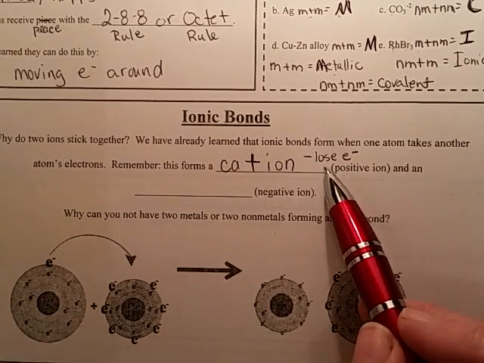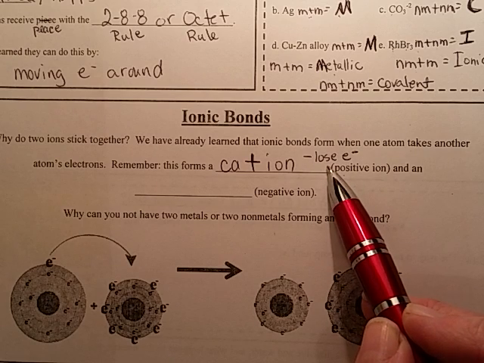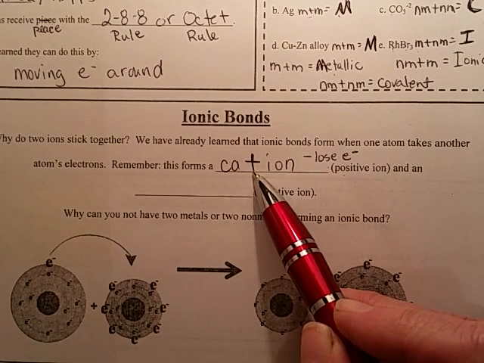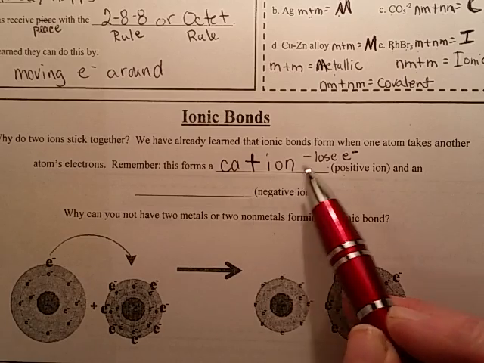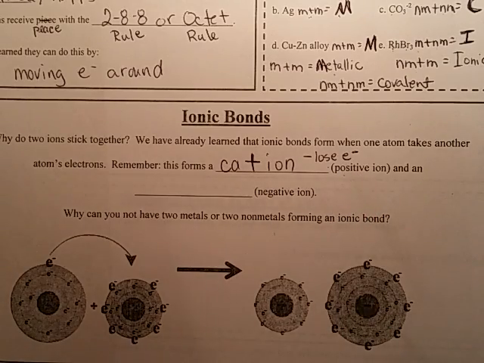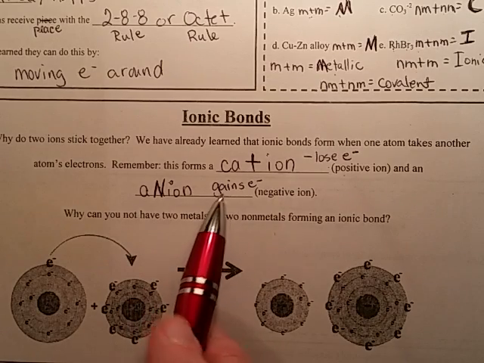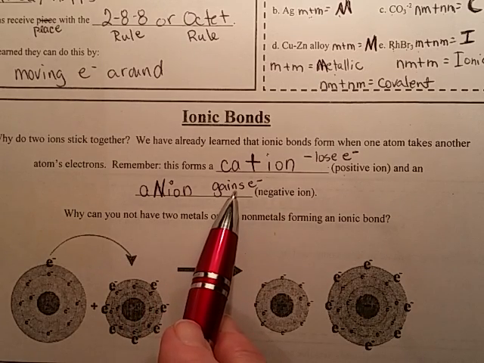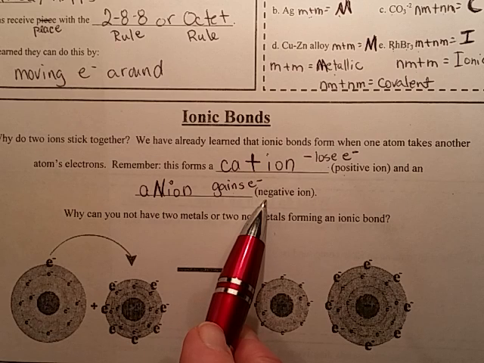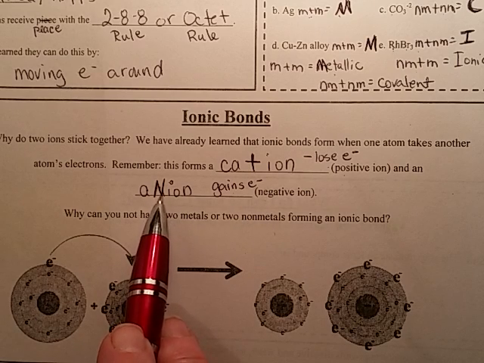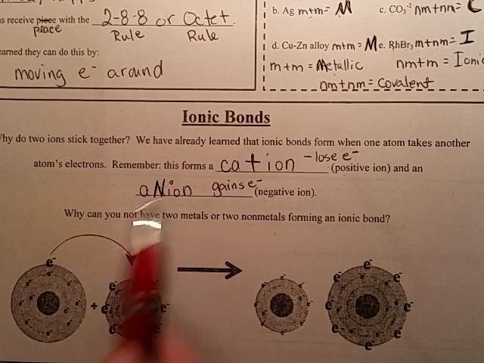If an atom loses electrons, it becomes positive because there are more positive protons than electrons. And if an atom gains electrons, then it becomes a negative ion, and it is called an anion.